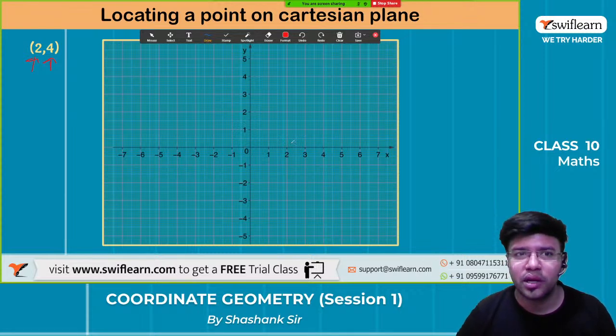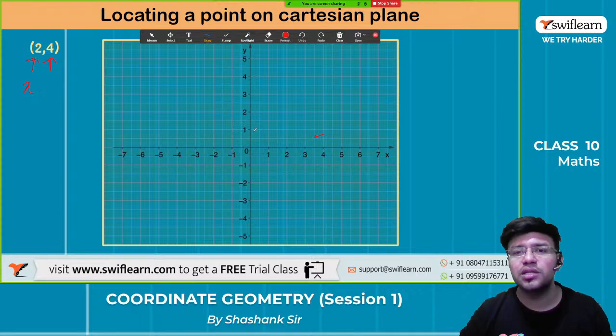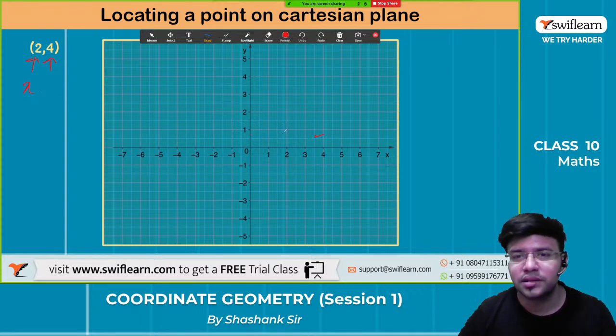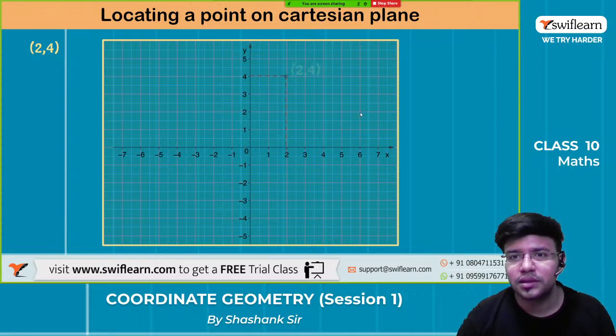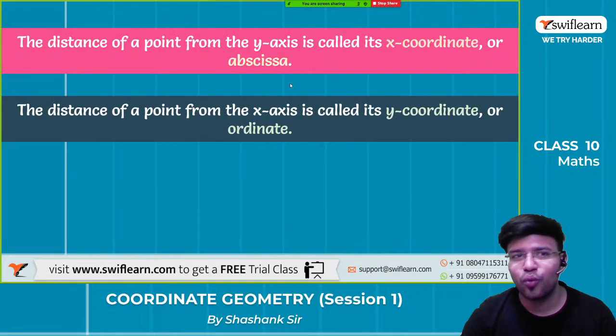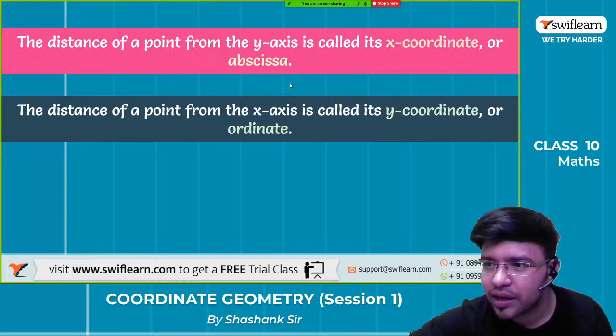The x coordinate is the distance from the y-axis, also known as the abscissa, and the y coordinate is also known as the ordinate, which is the distance from the x-axis. This is how we locate the point (2, 4).